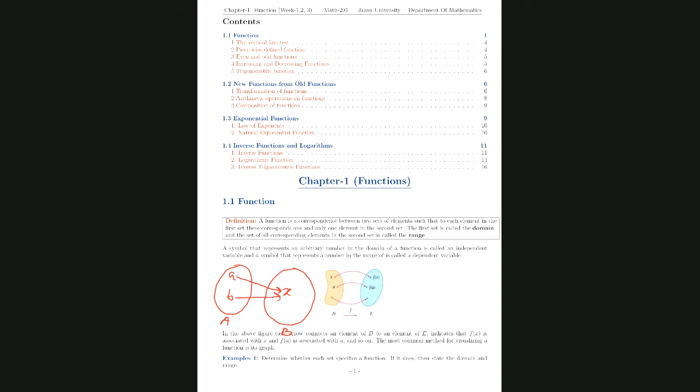So this is a function because input A connects to one output X and input B connects to one output X. It is a function. If one input connects to more than one output, then it is not a function.